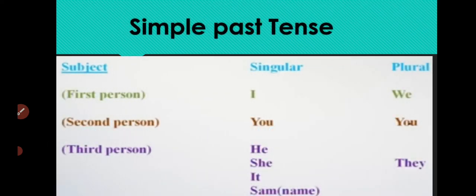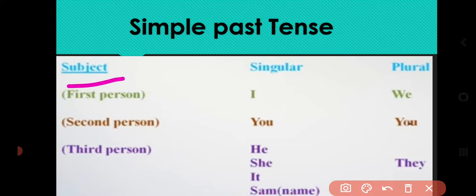Now let us see. Subject first. Subjects are of three types, and each is divided into two parts, singular and plural.